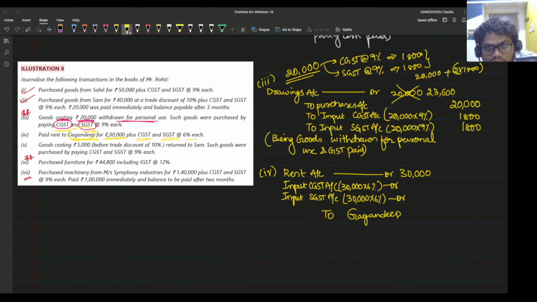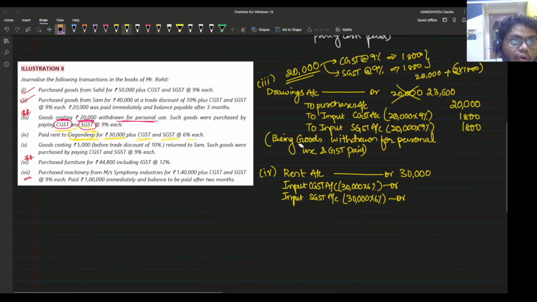Is it? Please tell me. Is it the same? No. He has paid rent to Gagandeep. You should be cautious here. You should write the entry cautiously. To what? To bank account. That would be the simple transaction because he's paying rent.